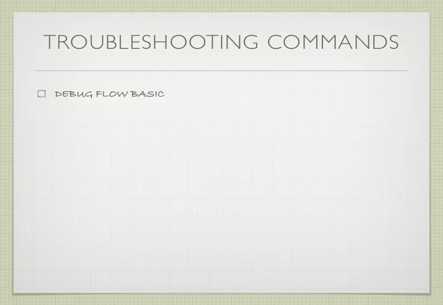So if you're having issues with traffic, you do want to run debug flow basic and see what zone to zone is being identified for the traffic and what policy is being applied to the traffic. So the debug flow basic is your primary tool. You can also use get session if the traffic has been permitted and is active in the session table. You can see what session the traffic is in and look at the details of that.